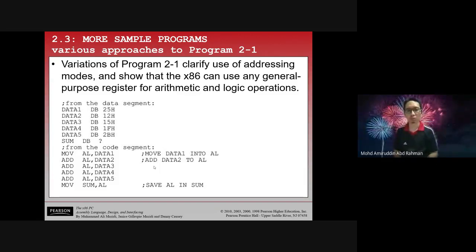Before that you needed to use the counter, so you needed to increment and decrement the counter. Now you just add all of the data into AL, and later you just add the AL into the sum data segment. So that's the two ways you can write the program 2.1.